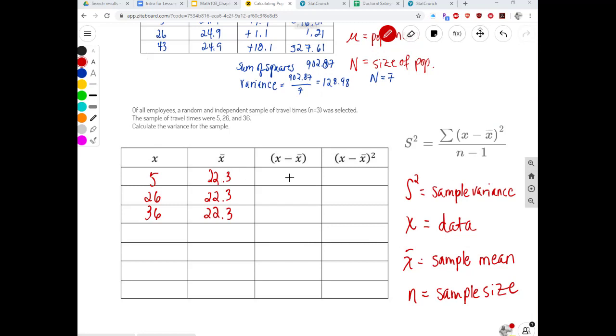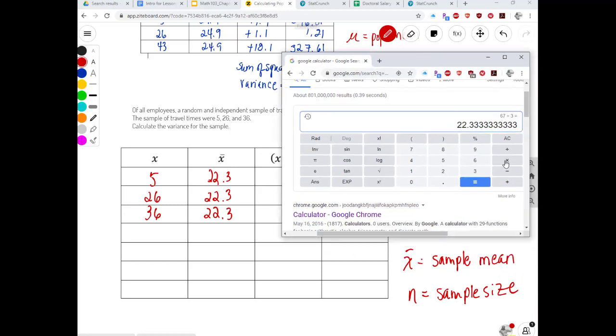Now I'm going to subtract the mean from each one of the data to get my deviations from the mean. So here I'm going to take 5 minus 22.3, and I'm going to get negative 17.3.